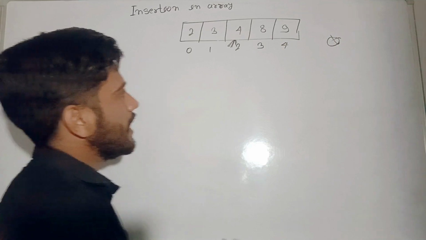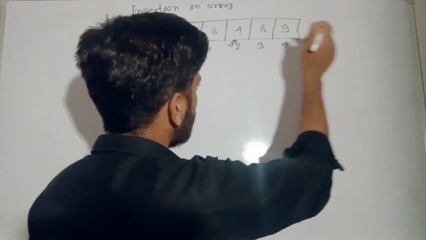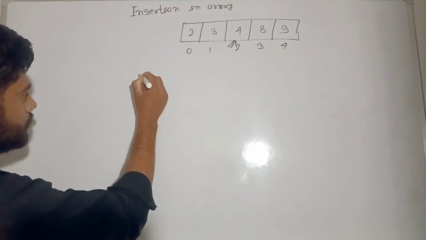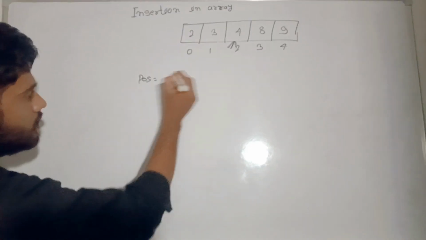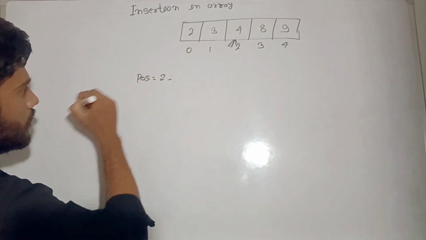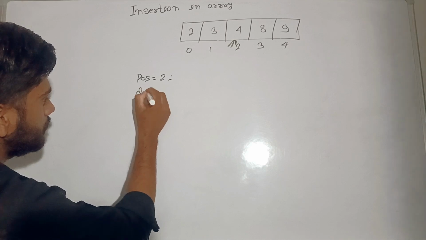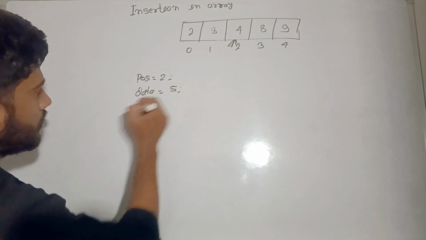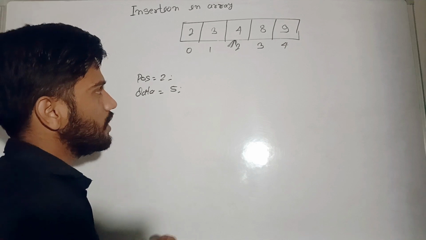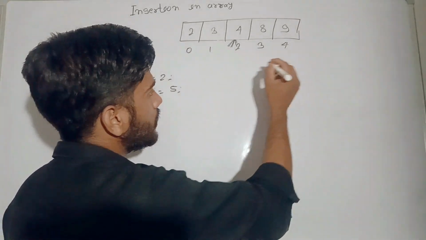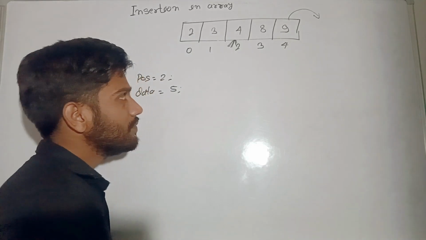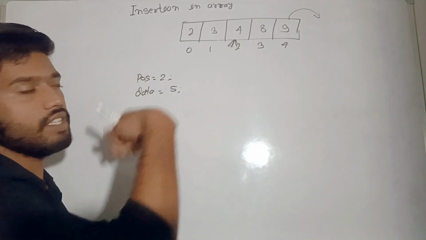Now, if we want to put at position 2 some data, suppose it is 5, then suppose that we can shift the data to the right.